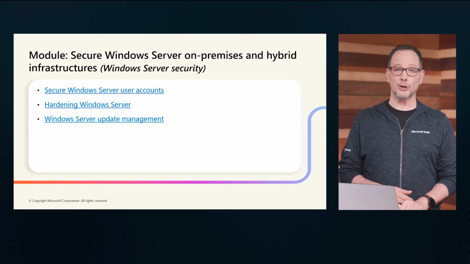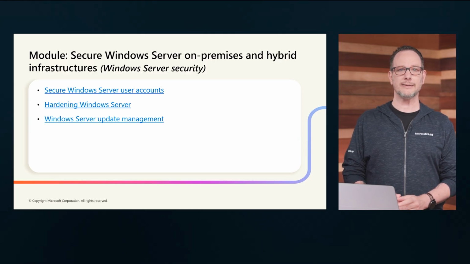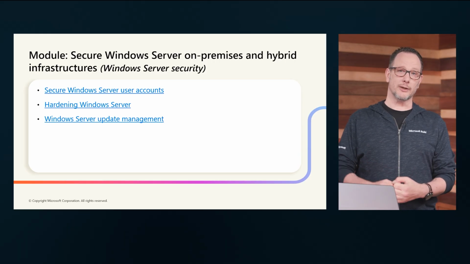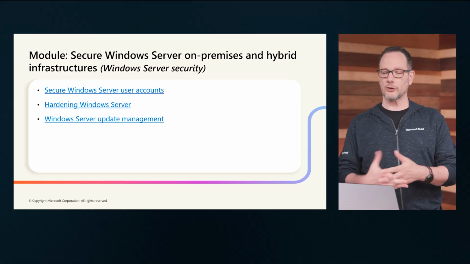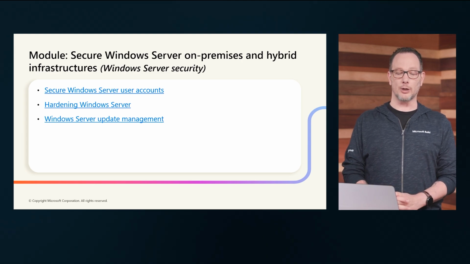Second topic was hardening that Windows Server operating system with a lot of Defender capabilities, and then also bringing in that compliance toolkit. And then last, how to protect your servers by installing the latest patches, the latest updates using WSUS Server.